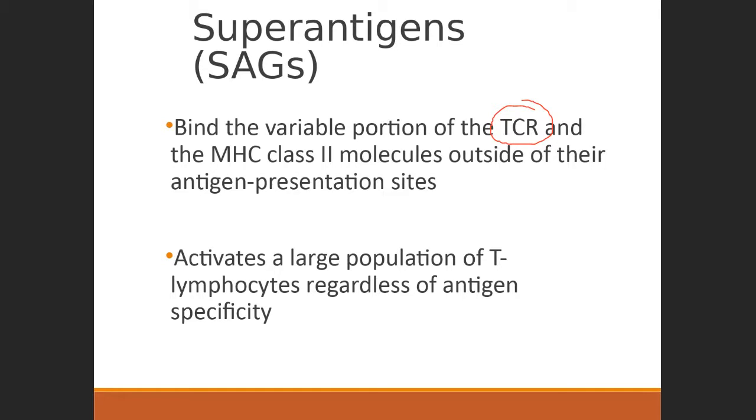And because they bind to the more variable portion, we can get a more general shotgun approach, if you will, to a response. This sort of antigen and how it interacts with our T cell receptors and our major histocompatibility complexes brings about a much quicker and much larger immune response from the T cells specifically.